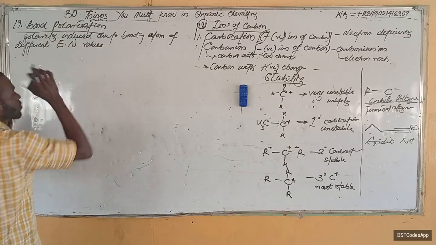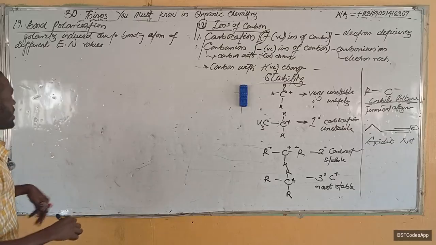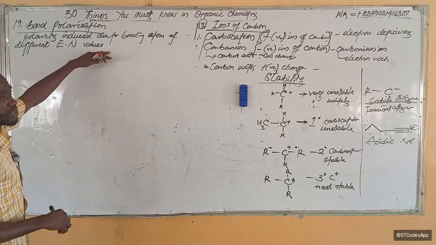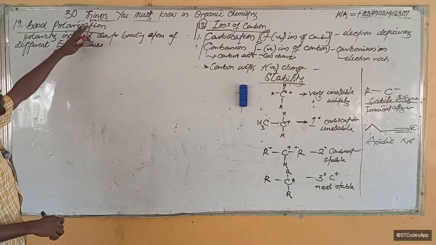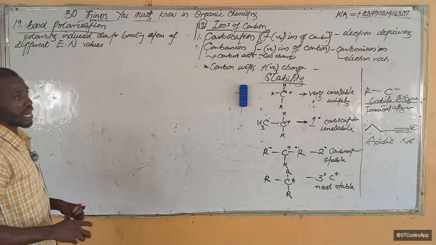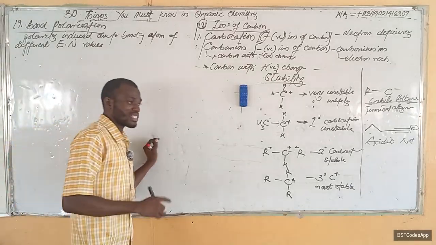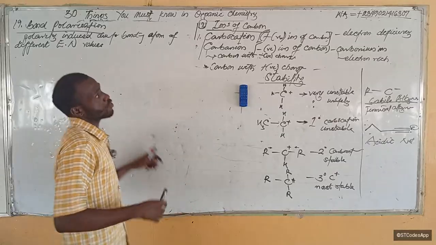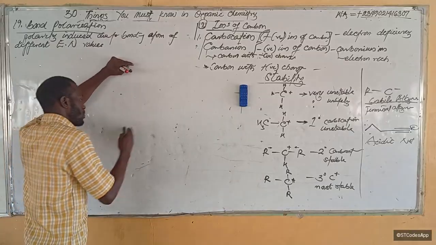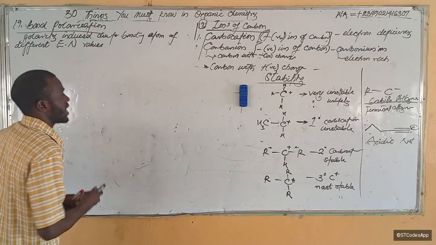Because the bonding atoms have different electronegativity values, the bond between them is a polar bond. Keep in mind that a covalent bond is actually a non-polar bond, but it can be polarized. So bond polarization is simply the polarization of a covalent bond due to the difference in electronegativity values between the bonding atoms.